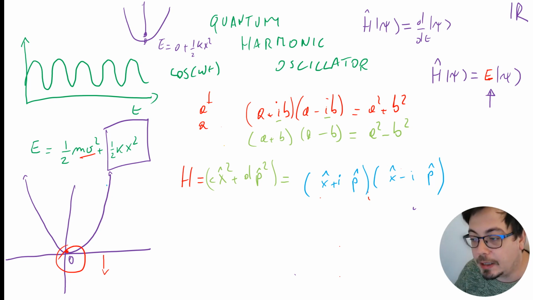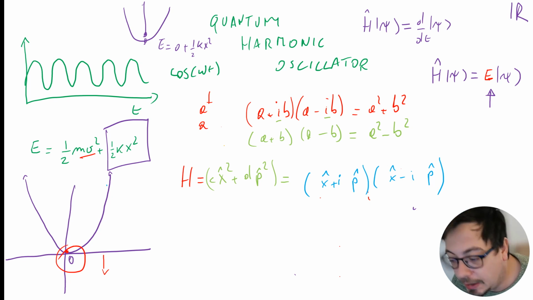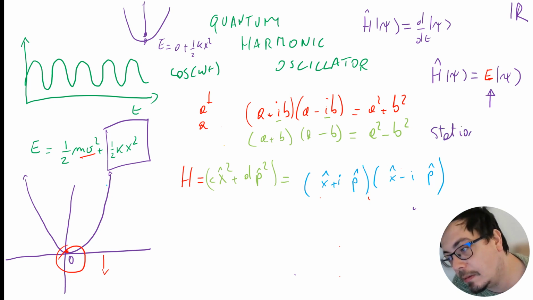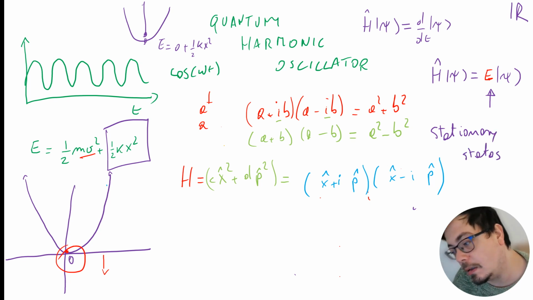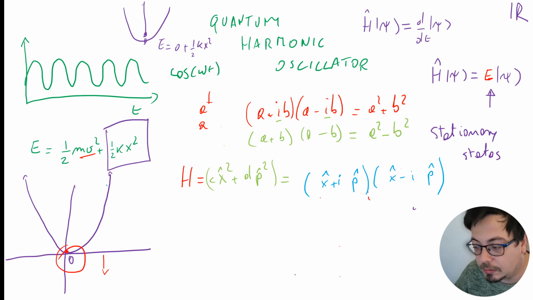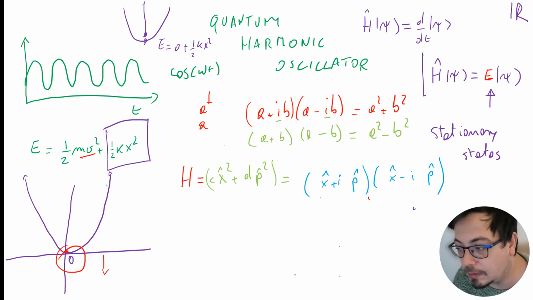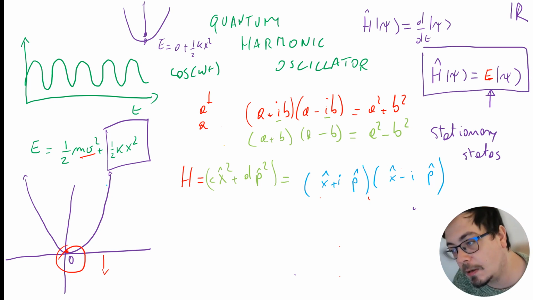Okay, so these are stationary states. And algebraically they're called eigenstates, but we don't go into those details at the moment. Okay, so this is the equation that we want to solve.